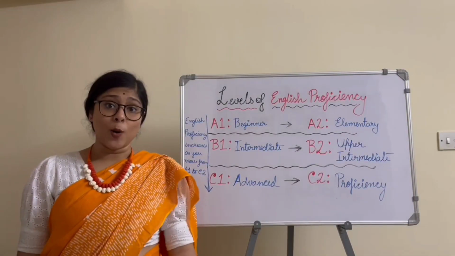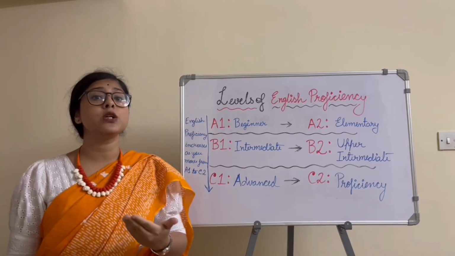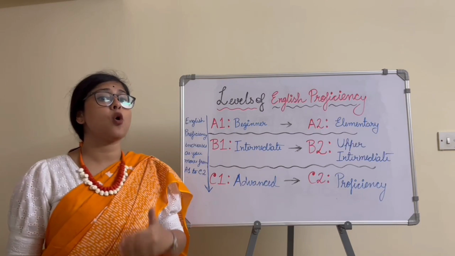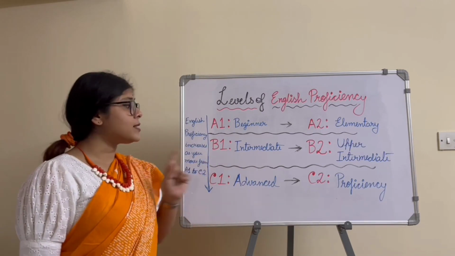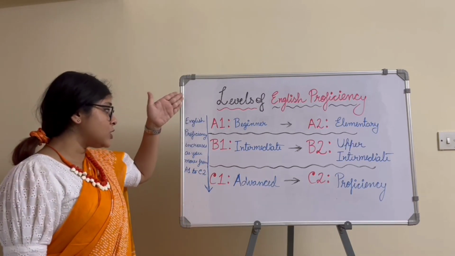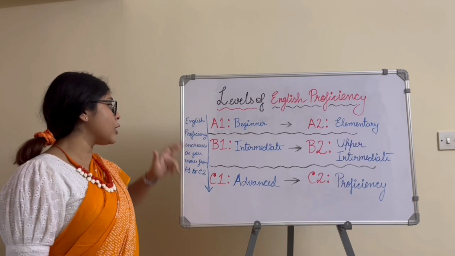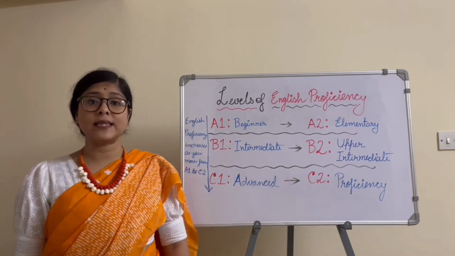Now let's talk about the different levels of English proficiency that will appear in your web page screen after you've taken the test. So there are in total 6 proficiency levels, as you can see. As you move downwards, the English proficiency is increasing from A1 to C2.